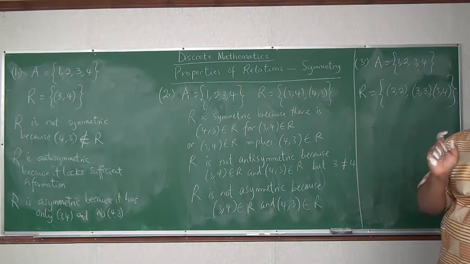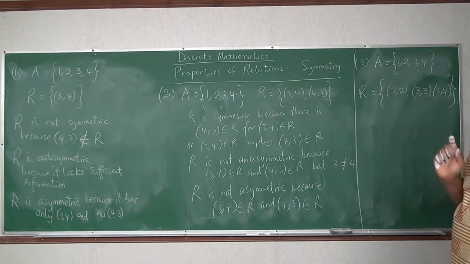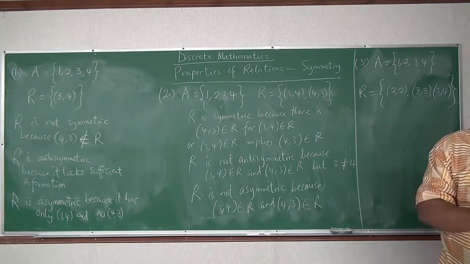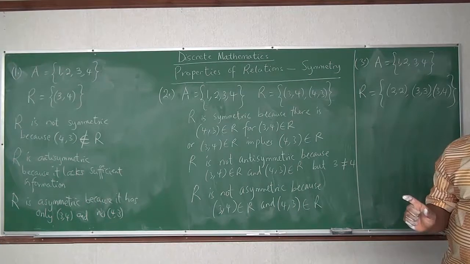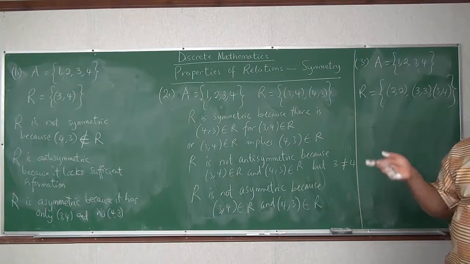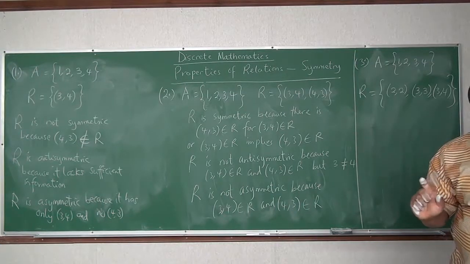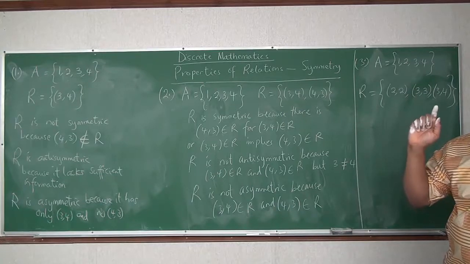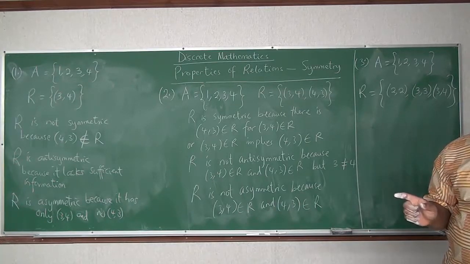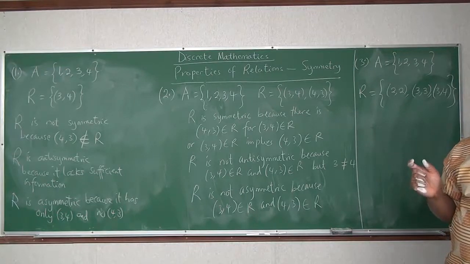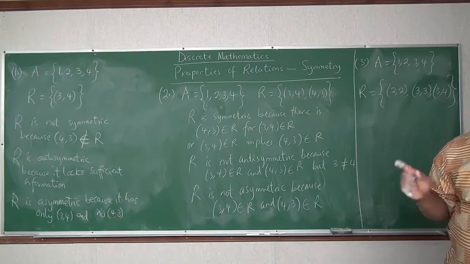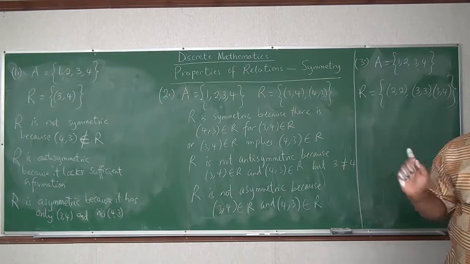Okay. With symmetric, if you have 3, 4, you have to have 4, 3. You must. If you don't have 3, 4, then you don't have to have 4, 3. That is with symmetric.